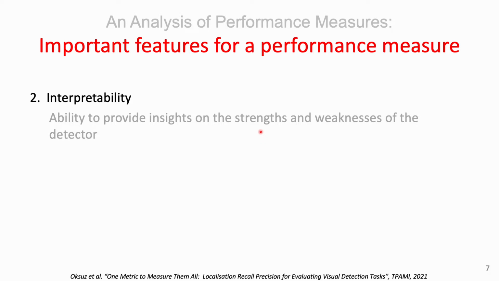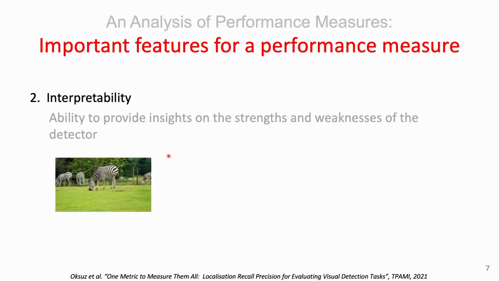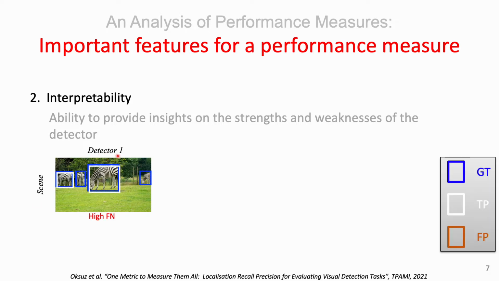In other words, detectors can have different characteristics. One can be good at, for example, classification, while another detector can be good at localization. And we expect the measure to provide insight about these different performance characteristics. To illustrate, let us look at the object detection problem again. Here we have an example input image, and let's say we have a detector that detects these 2 objects out of the 4 objects drawn in blue.